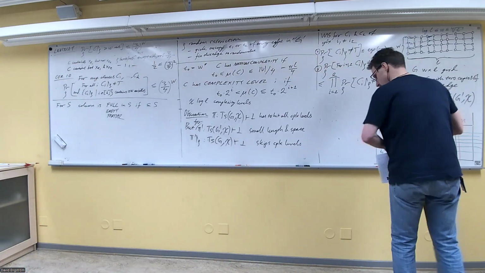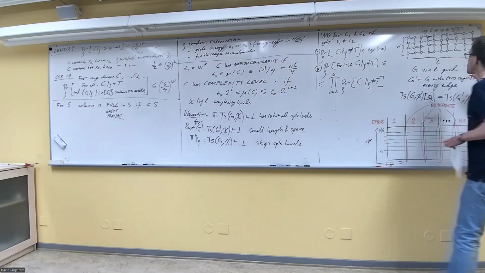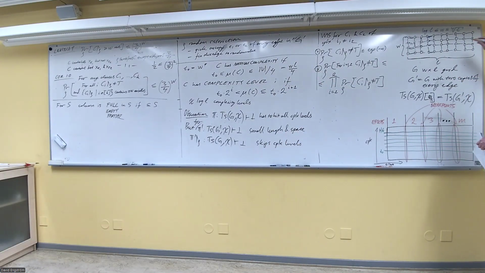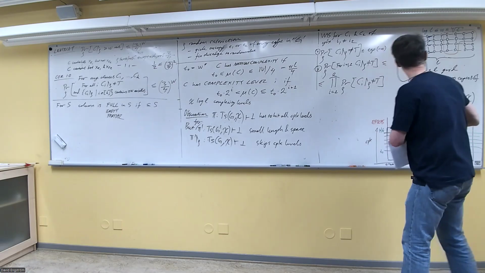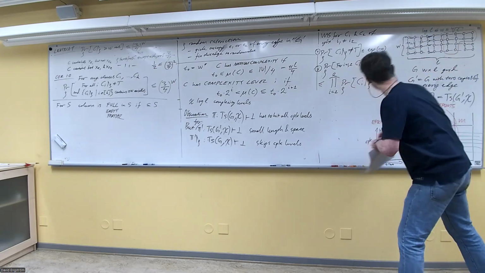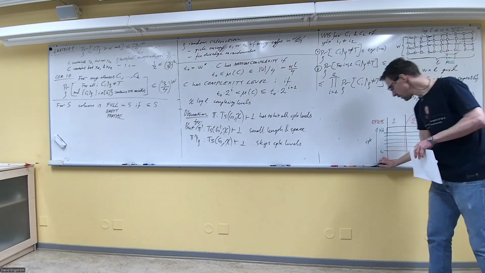Let me draw an S. Note that S is a connected set. Here is S. Then these two columns are full.